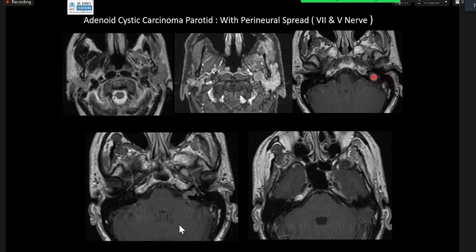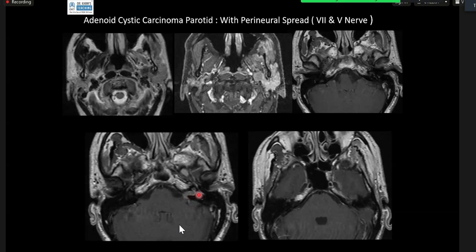This dot is the enhancing portion of the facial nerve, the descending, the mastoid portion. But what happened now here, you can see that the tympanic portion is also enhancing. But more importantly, you can see that there is a lot of enhancement in the internal auditory meatus. So this is perineural spread.